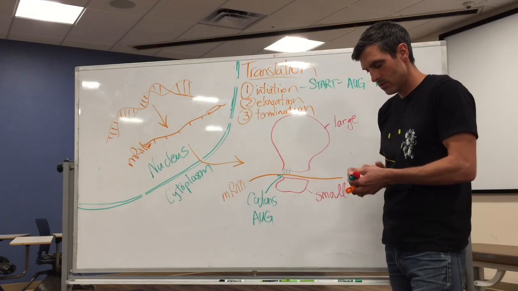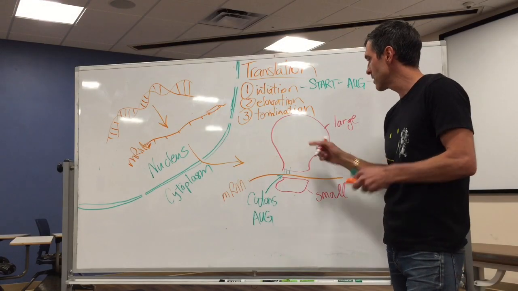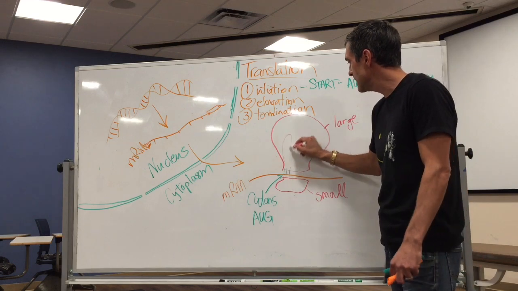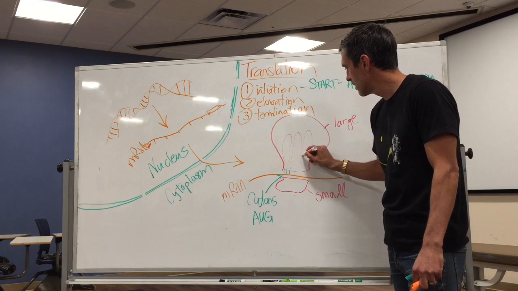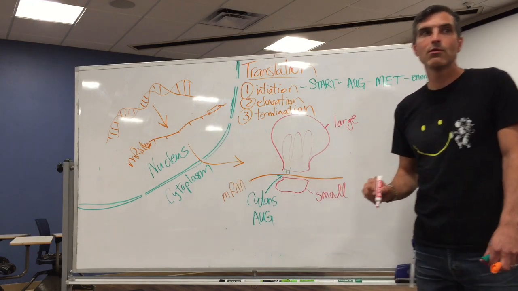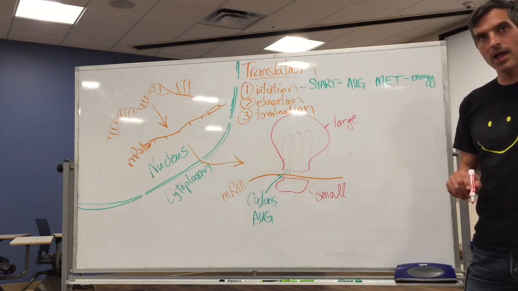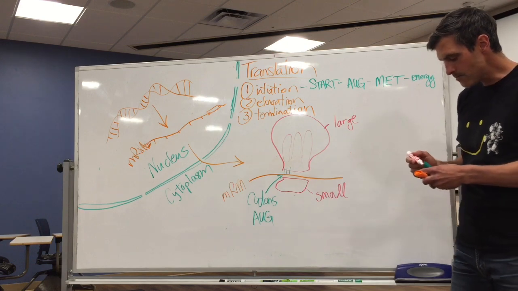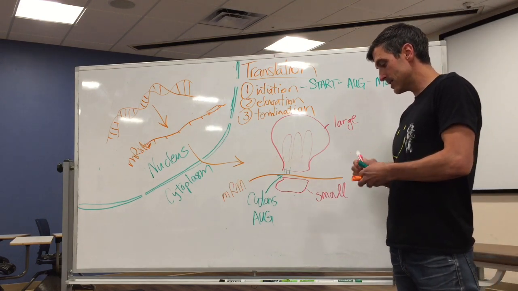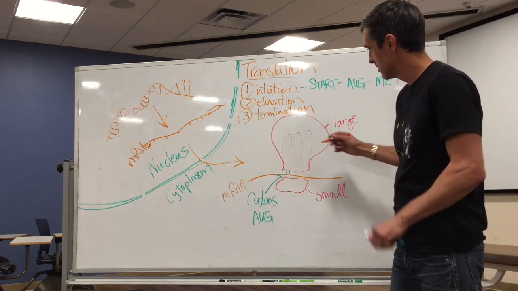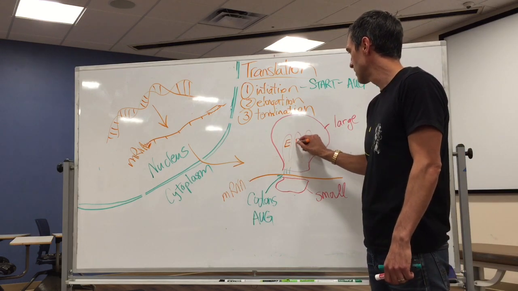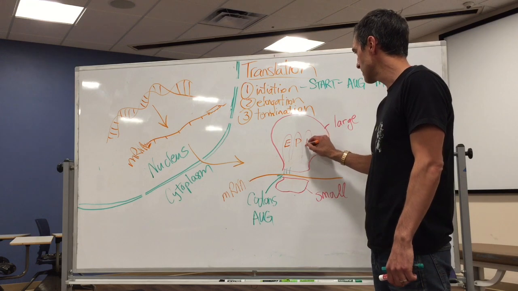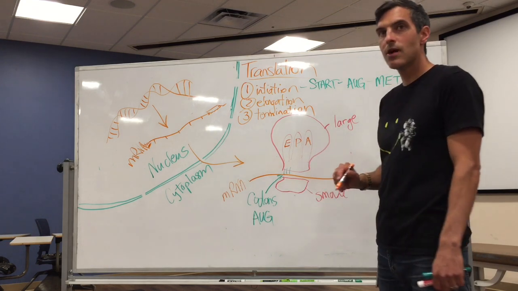Something to consider is that the large subunit has 3 sites. These sites are going to be where the transfer RNA fits in. The 3 sites are called the exit site, the polypeptide site, and the amino acid site.